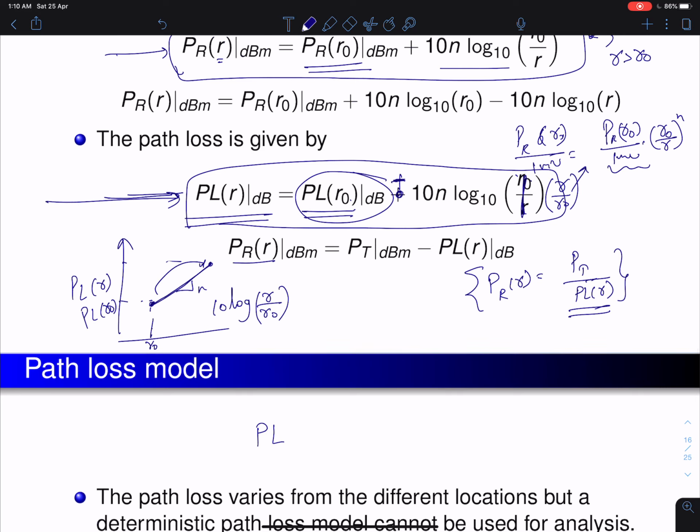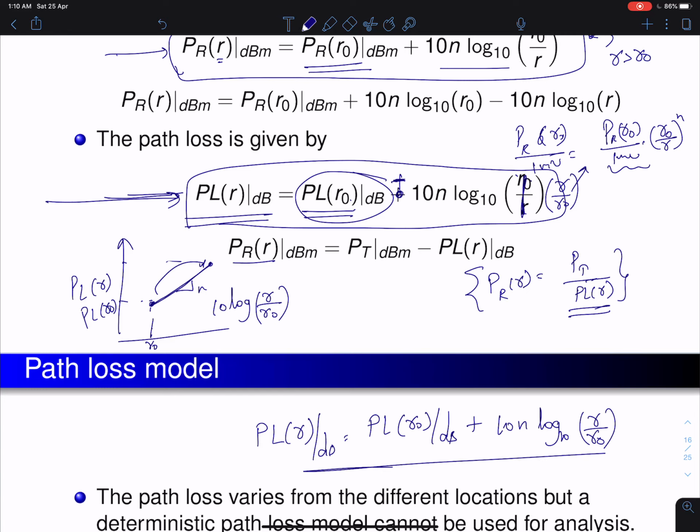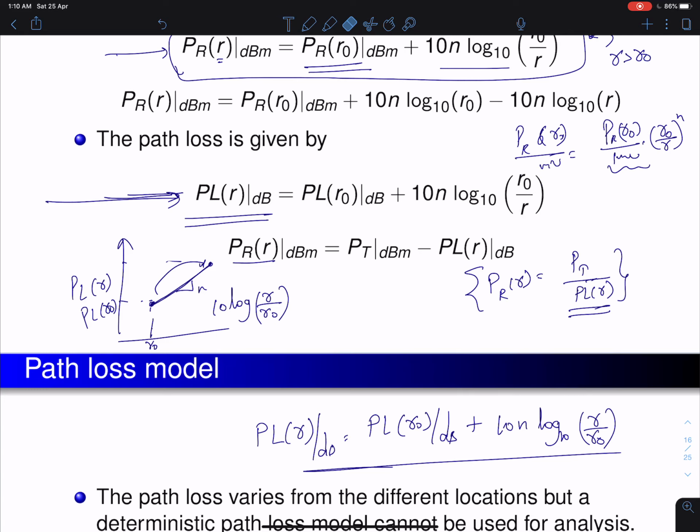Path loss of r in decibels will be equal to the path loss at a distance r naught, plus 10n log to the base 10 of r by r naught. That's the only difference. There's a small mistake here. If I want to retain this entire expression as it is, then make this a minus.